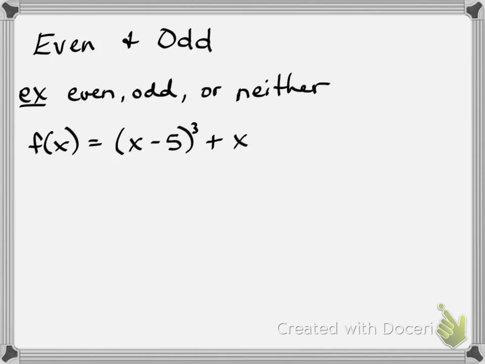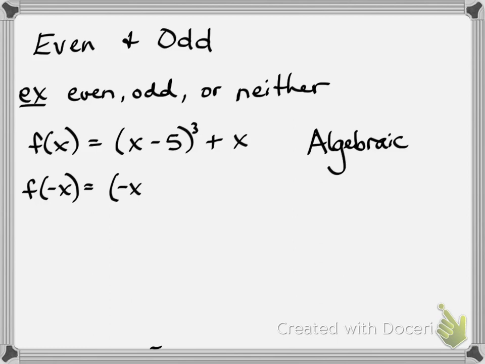We want to find out if it's even, odd, or neither. The test is always to do f of negative x. This is the algebraic way. In the homework they ask, is it algebraic, or to find it algebraically, graphically, numerically. This is algebraic. So what you do is you put the negative x in the function.